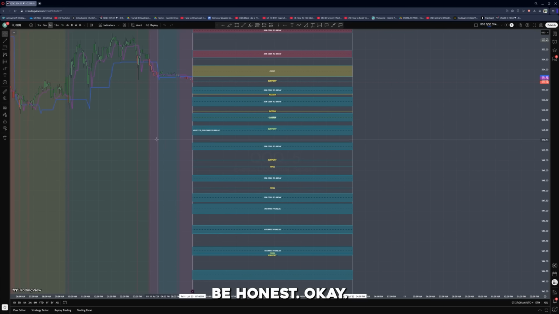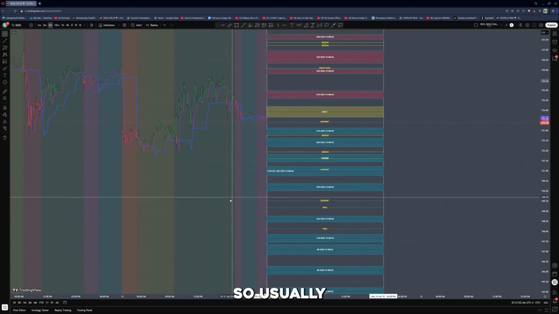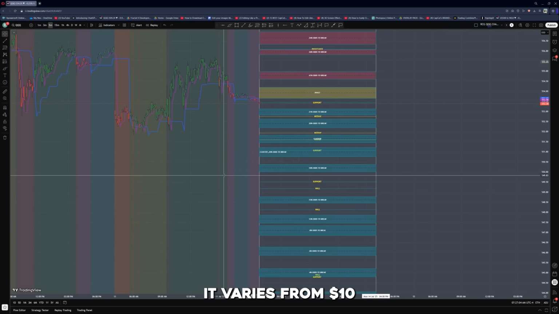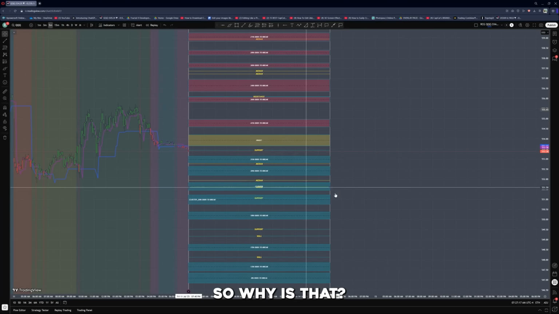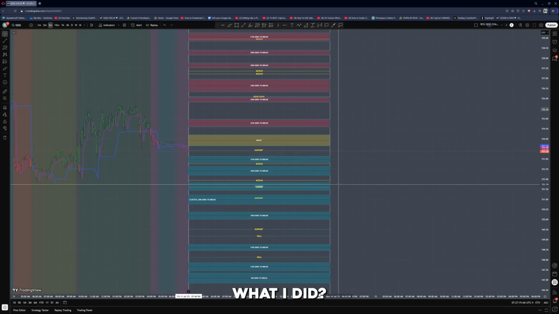How wide is your range for your boxes? It depends from day to day, to be honest. Usually it varies from $10 to $10, basically above and below the previous day close. And you must be wondering that there are multiple medians here. So why is that? I derived this data from the wave 1 daily, the wave 3 daily, and the wave 7 daily. I took care of the count.